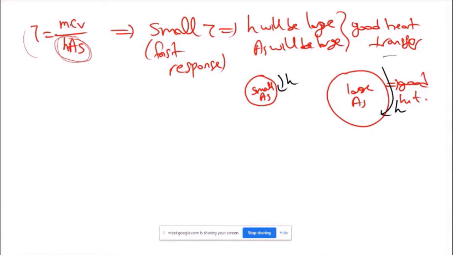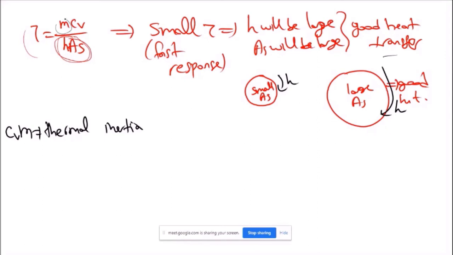And m should be as small as possible because m c_v is thermal inertia. Thermal inertia means it is difficult to change the temperature of the body if m is large. So if the mass is large, it is difficult to change the temperature of the body.